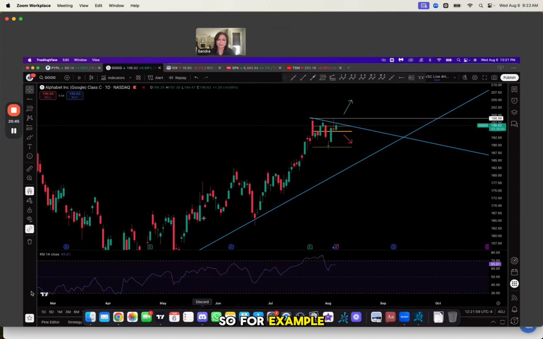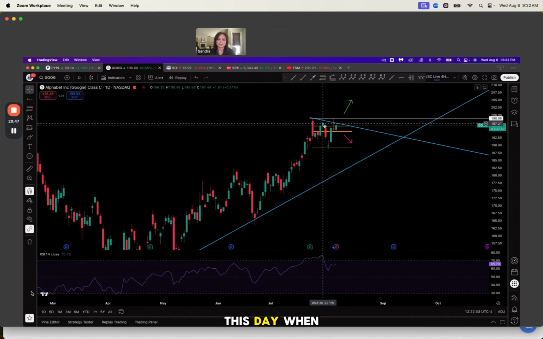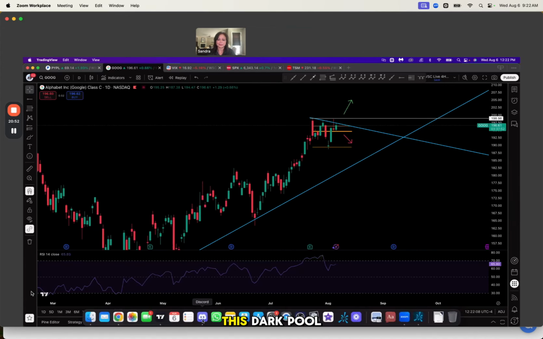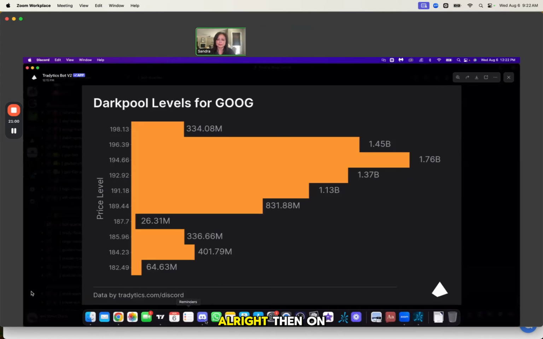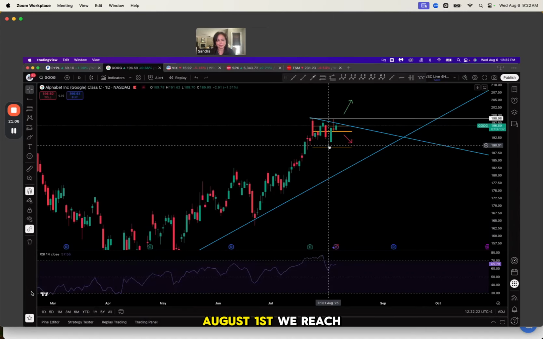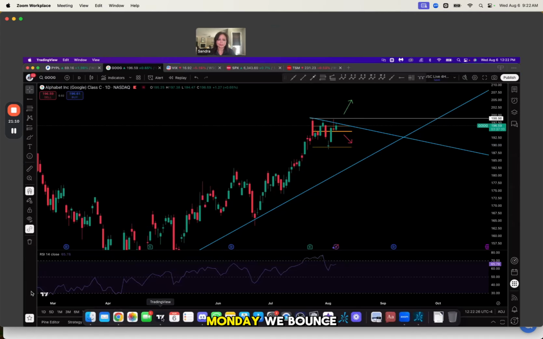So for example, let's say on July 30 we noticed that this dark pool level of 189 was located at 200 million, maybe somewhere here. All right. Then on Friday, August 1st, we reached this dark pool, and we bounced on Friday, right?